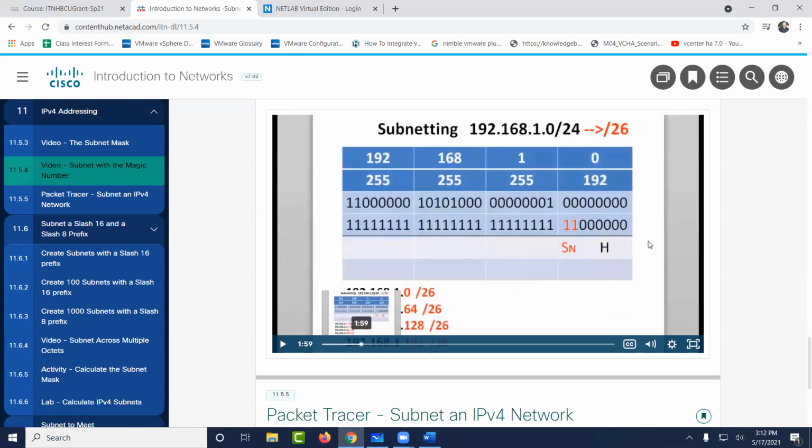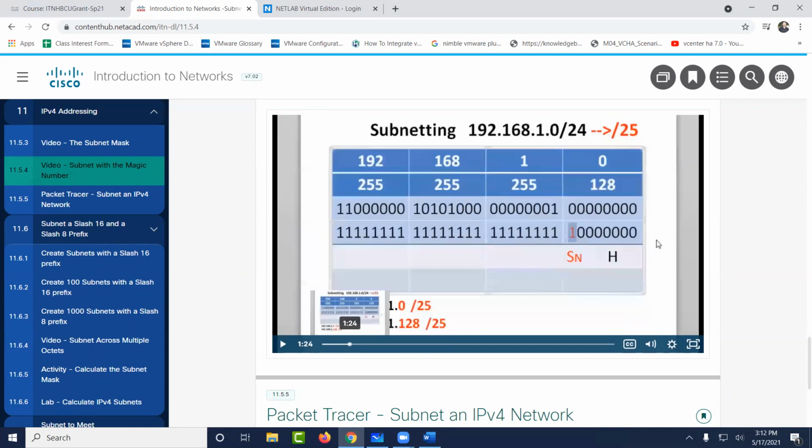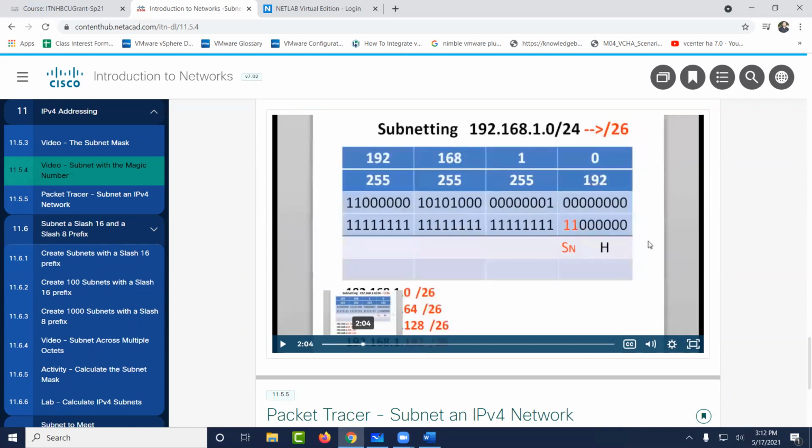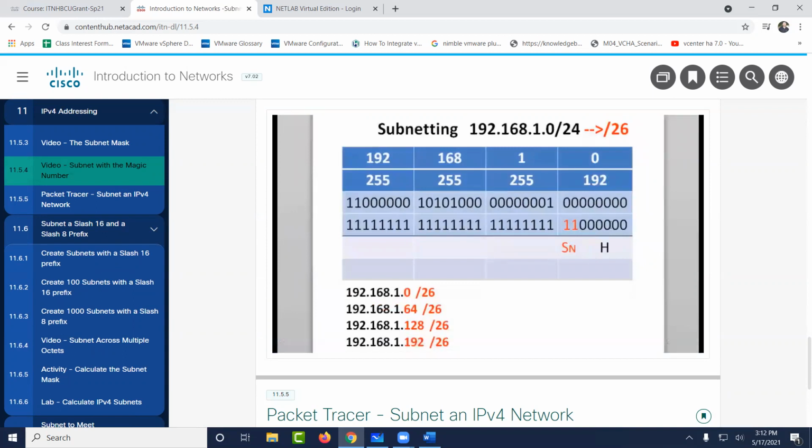If you borrow 1 bit, your magic number is 128. If you borrow 2 bits, your magic number is 64, because it's the highest order bit turned on. You'll notice down here how they are breaking them down by what they call the magic number.